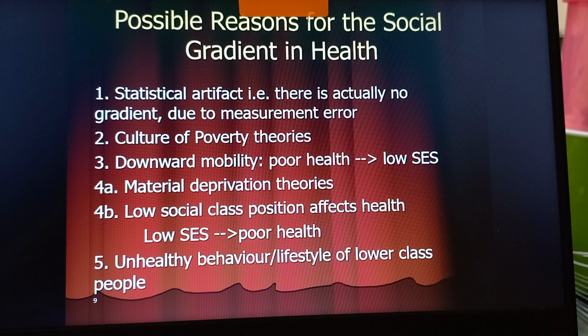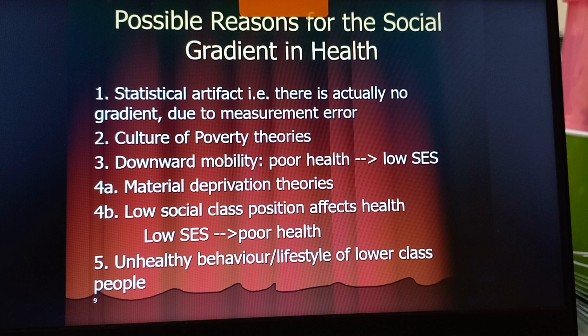Then there are also material deprivation theories. That is, lower class people have poorer health because they earn incomes which are low, right? And because you have low income, you cannot afford to buy nutritious food. You live in slum housing, right? You live in more high crime areas of the city, right?